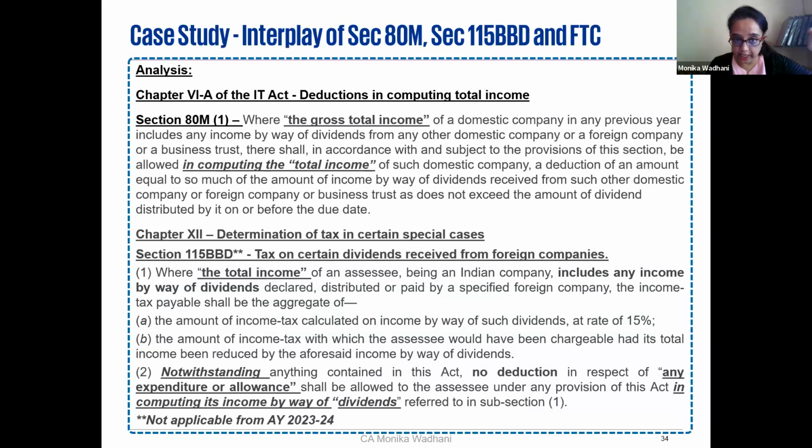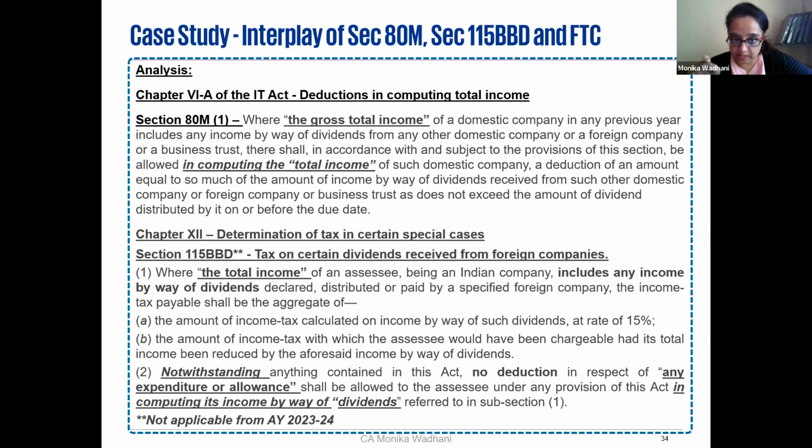So, section 80M starts with the terminology where the gross total income of a domestic company includes so and so, and you have to see 80M for computing total income. So, nowhere does it say that 80M is for computing dividend income.